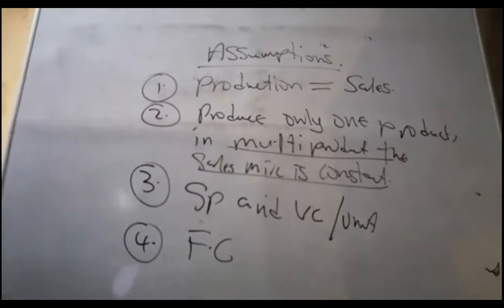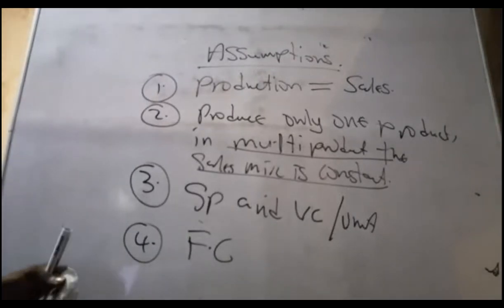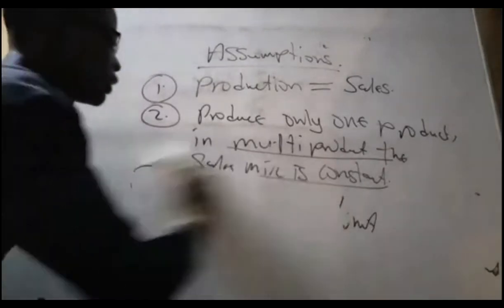Fixed cost could change or increase, which we call the step-up cost. Great. Then assumption 5. Assumption 5, we will combine assumptions 3 and 4 together to get assumption 5. So let me bring assumption 5.